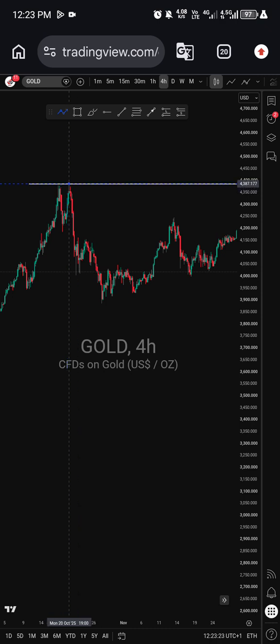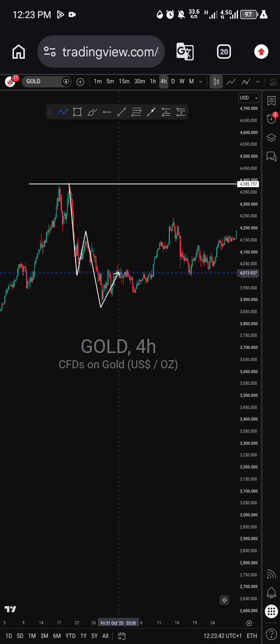Okay, so it started coming down. Indication, correction. You see, correction to this low. Okay, yeah, indication, correction. You can see this lower low here, corrected.